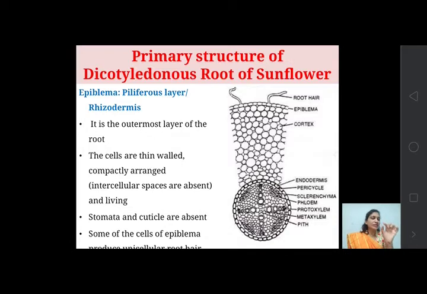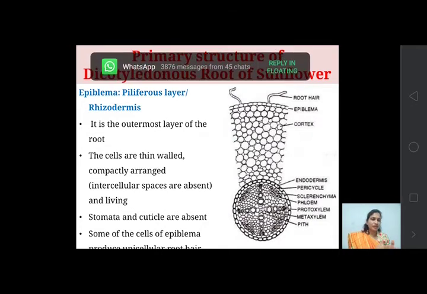These are the passage cells. All the endodermal cells show thickenings on the radial walls, known as the Casparian strips. They don't allow water. So this is the endodermis.